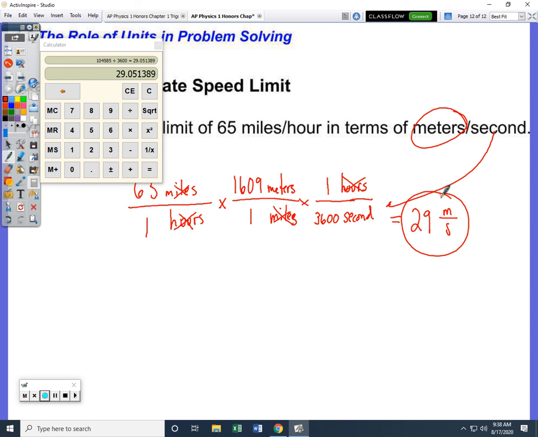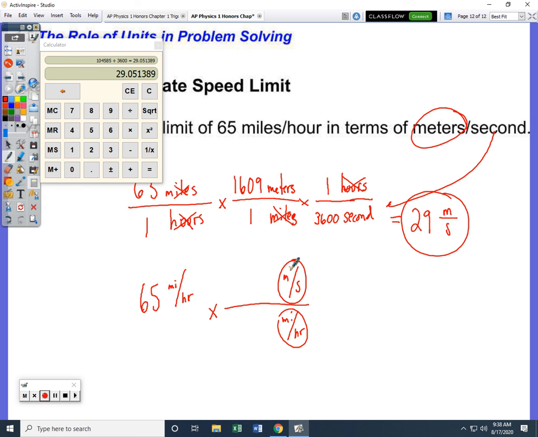Now you can also do a conversion like you were talking about before, is some people like to write miles per hour like this. If you're going to do that conversion, you've got to keep that miles per hour together like it's one solid unit. And you would put meters per second like it's one solid unit as well.